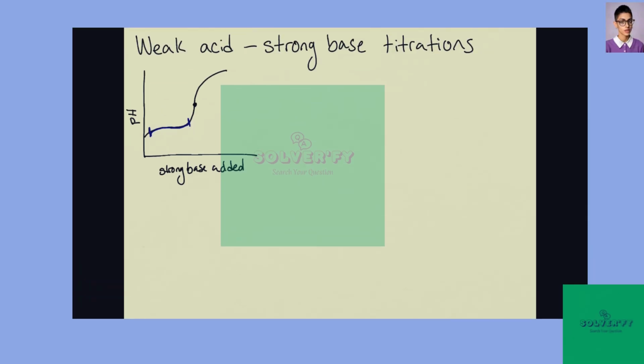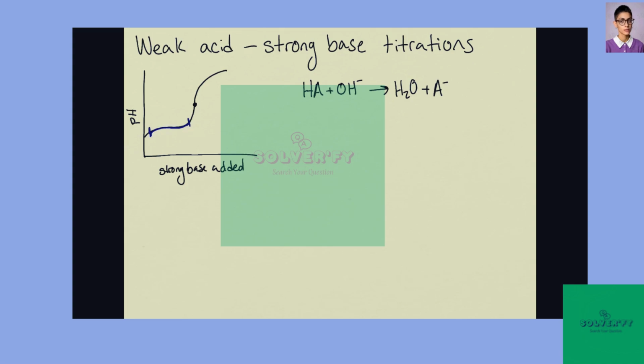Weak acid strong base titrations start at a low pH since you're starting with just acid. This acid, let's call it HA, reacts with any added strong base to create water and the weak acid's conjugate base.